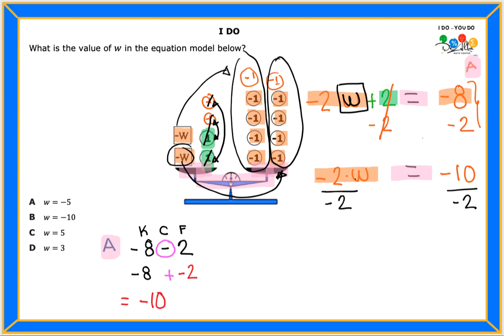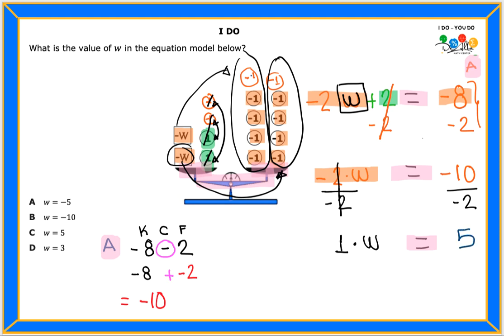So now I'm going to say negative 2 divided by negative 2, they will cancel out and become a number 1. And a negative divided by a negative, the answer is positive. I'm going to bring down the W, bring down the equal sign, and then do my division. 10 divided by 2. And the answer is 5.